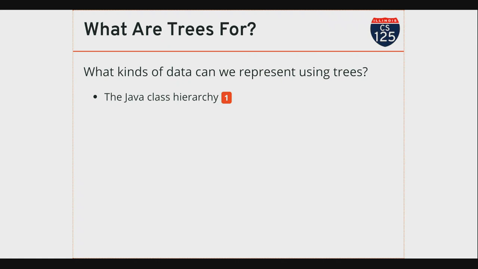The fact that I can only extend one class means that this becomes a tree. If I could extend multiple classes, it would be more complicated. It would not be a tree. But every node has one parent, except for one node. The root of the Java class hierarchy is capital Object. It's the only class in Java's type system that does not have a parent.